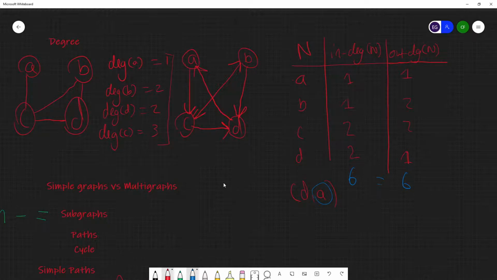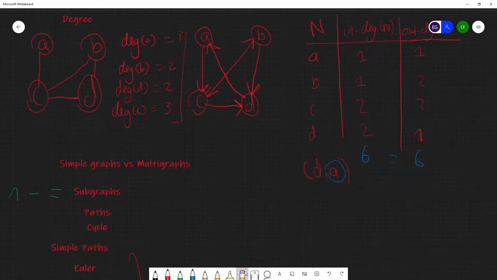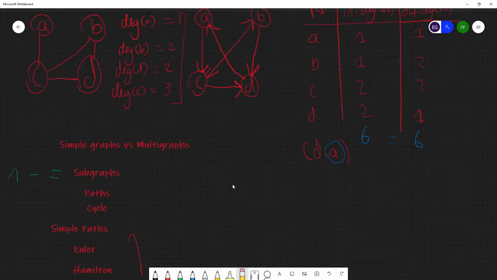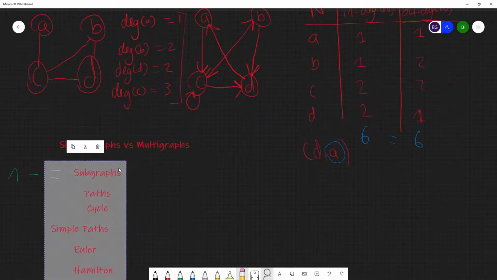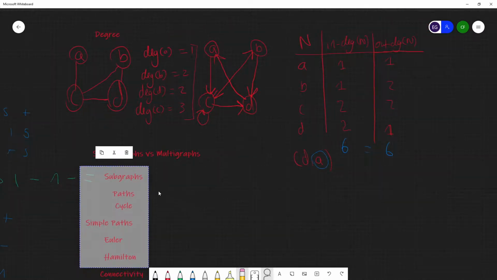Okay, so I think that's all we need. We can also say that a self loop adds 2 to a degree. So say you would have C going to C. If it's going into C, that adds 2 to the degree.